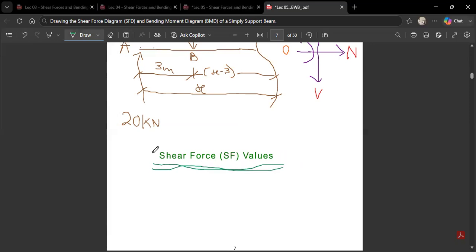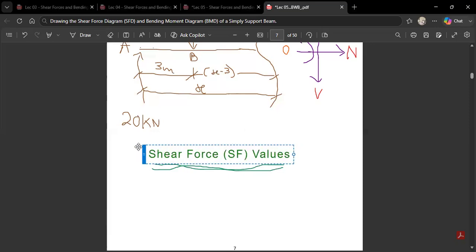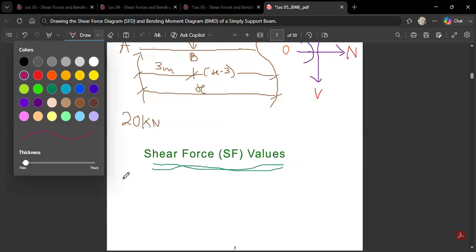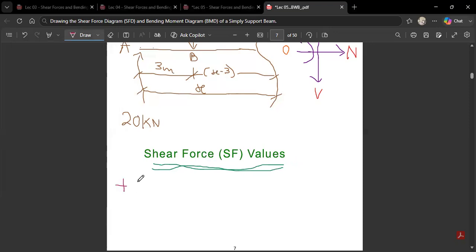Look at it, as simple as ABC. Then from here, what do we do? You come and put down our rule. So shear force values are the forces acting in the y-axis. So we say our sum of all forces acting in the y-axis, we equate it to what? 0. Very good. From here, what are we going to do next?